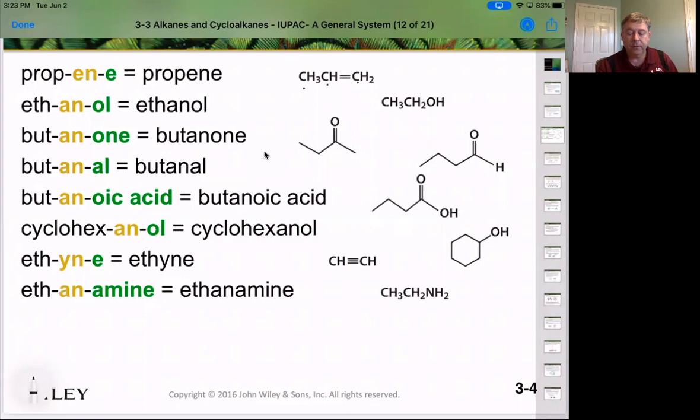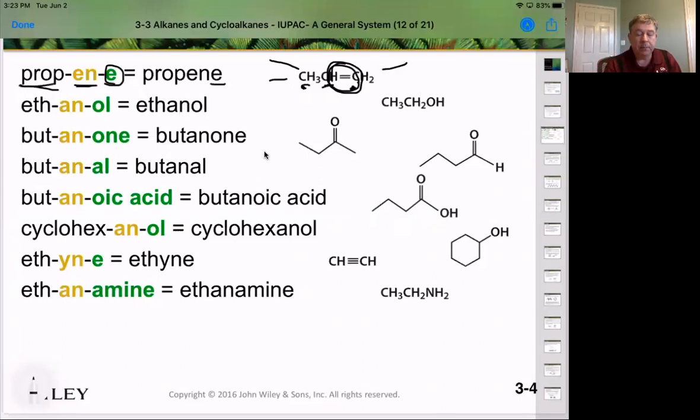Here in this first compound we have 1, 2, 3 carbons in it, which means we have prop as our prefix. So that's the number of carbons we have. We have at least one double bond in the system, so that means our infix here is ene, right here. And we have no other functional groups, so our suffix here is the E, telling us we just have carbons and hydrogens in the system.